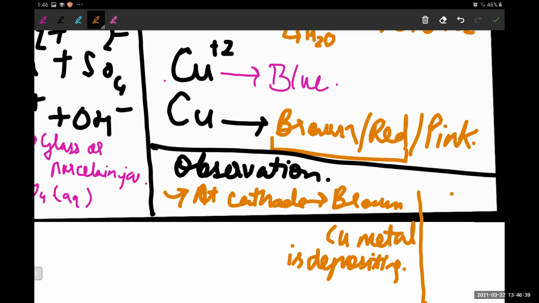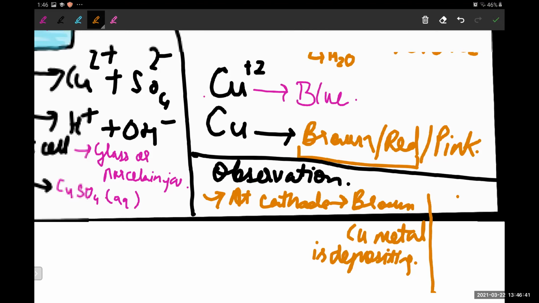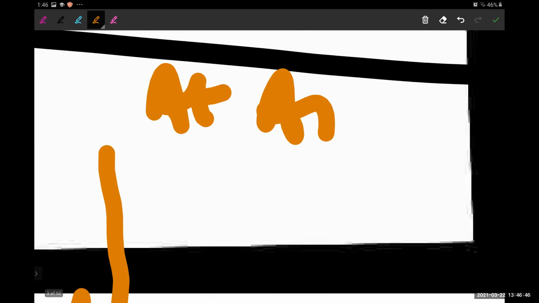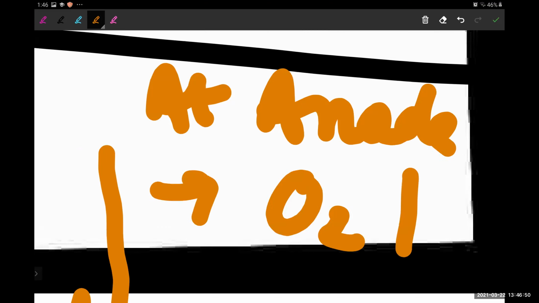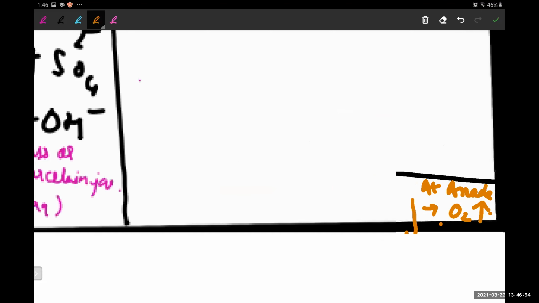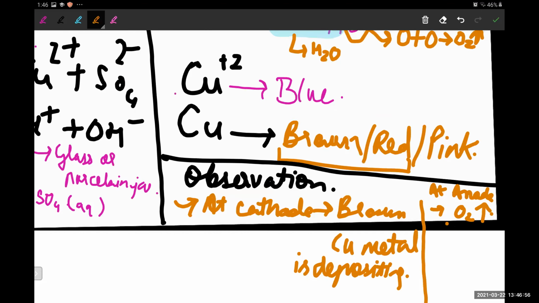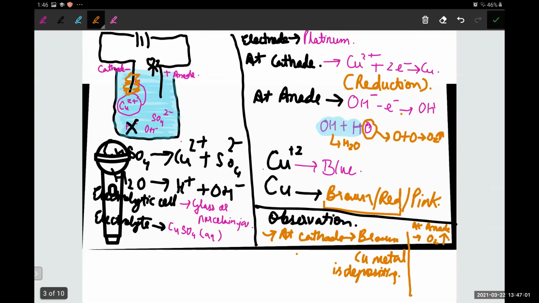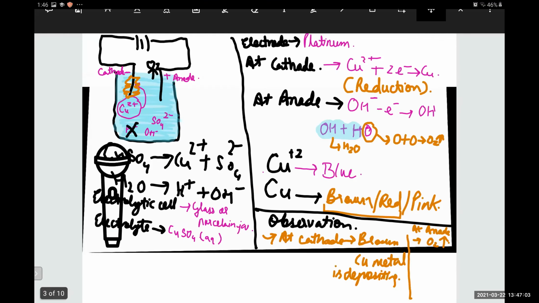And at the anode, what's happening? Oxygen gas is liberated. Yes, at the anode, O2 is liberated. Done. So that was all for the copper sulfate electrolysis using a platinum electrode, right?